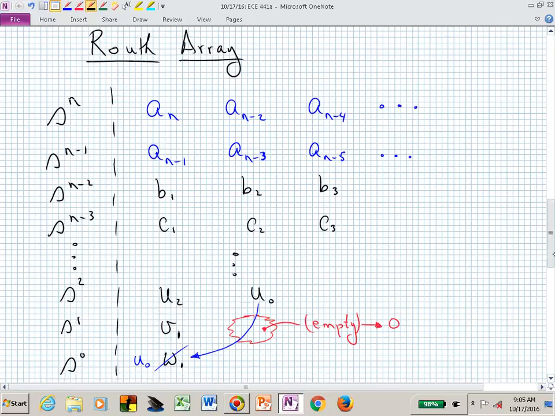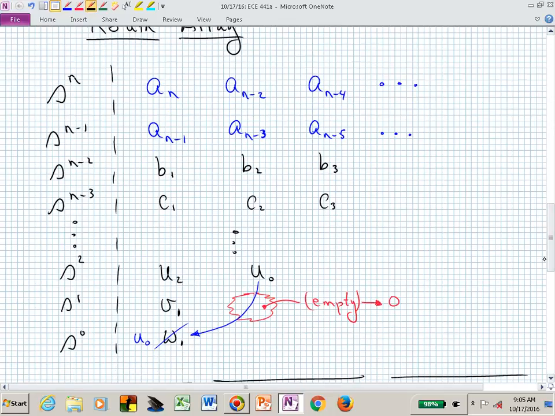If we keep going from s to the n all the way down to s to the 0, you can see something maybe convenient happening at the very bottom.